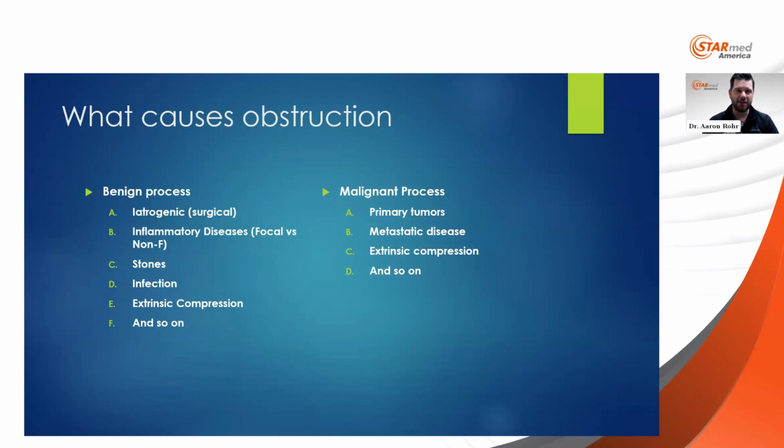Malignant processes are a little different, and I bring these up as examples because I think the way they're treated, the way they're handled, and the way the application of RFA may be used are all different. Whether it's a primary tumor or multifocal metastases, even extrinsic compression in the malignant realm is probably going to be treated a little differently than extrinsic compression in a benign process.